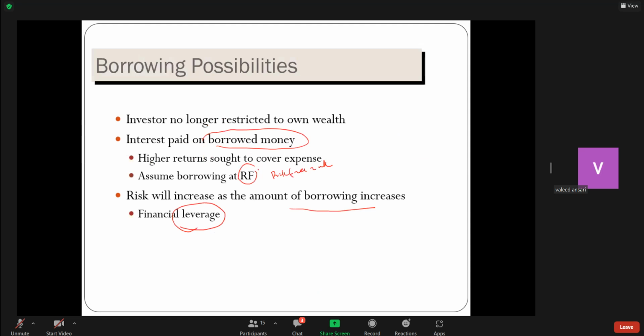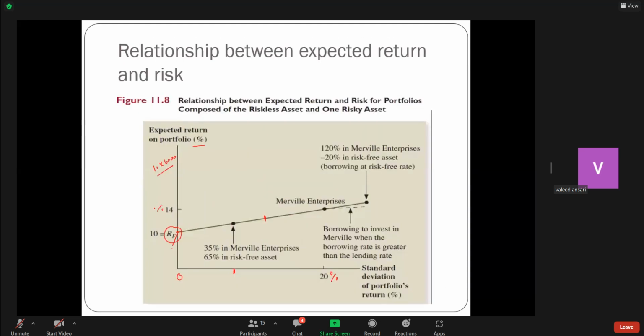The same thing is shown here on this graph. You see that if he had made investment in only his own money, then he would have the frontier where he can have various combinations along this line.